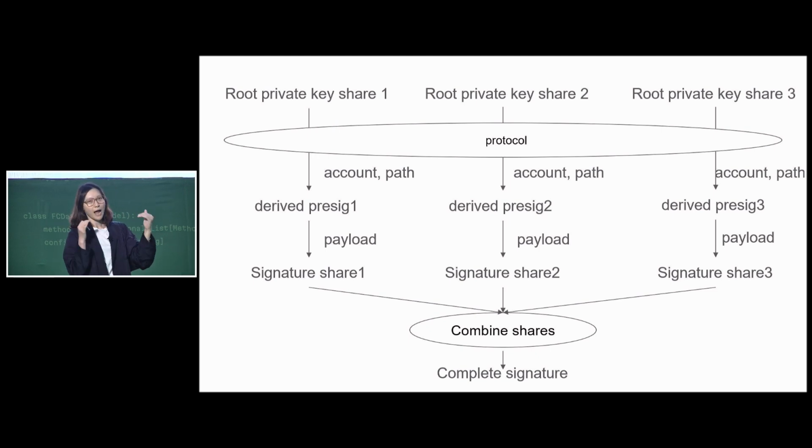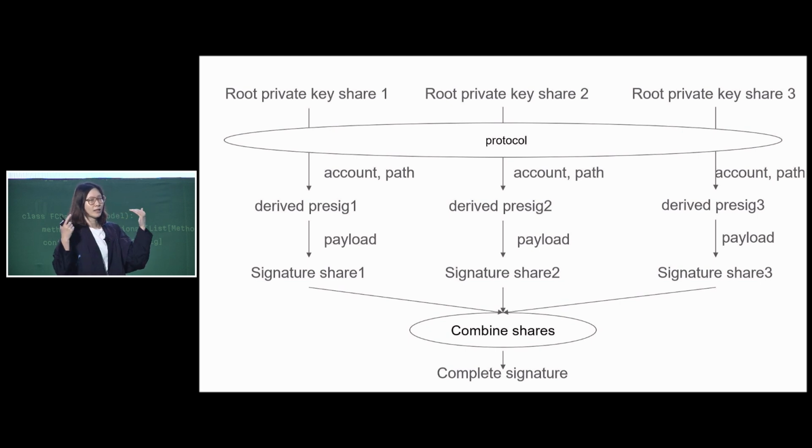What will happen on these backend nodes is each of them, together with their private key share value, will go into a protocol. What I mean by a protocol is basically they will do some computation locally and then exchange that value with one another and do some further computation using those values, in a couple of rounds of back and forth.